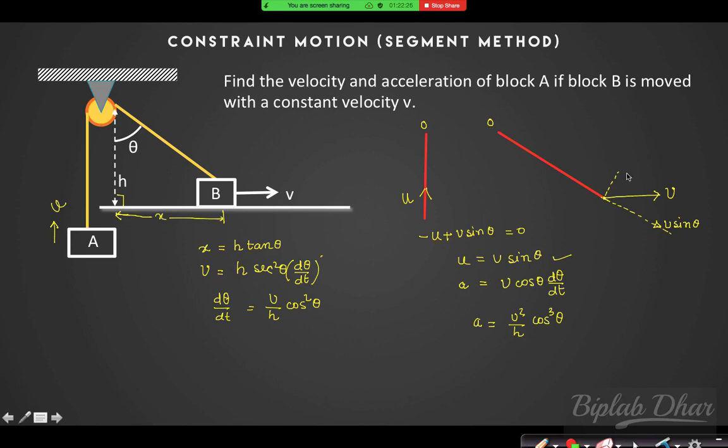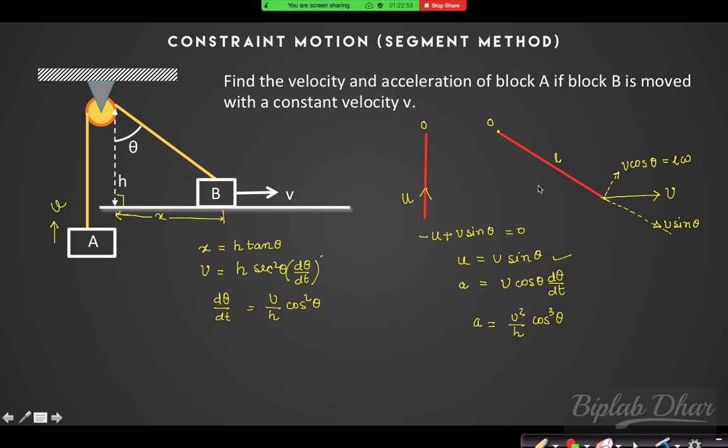Also, you can do one thing. What is the component of v in this direction? Perpendicular to the radius, it is v cos theta. Do you know the perpendicular velocity? Can I say perpendicular velocity is equal to L omega, if this is length L?